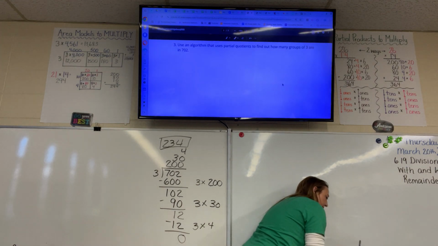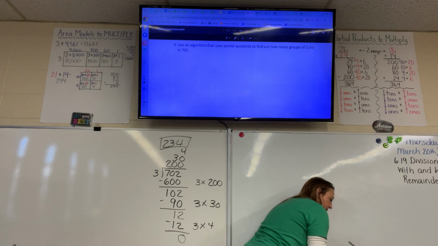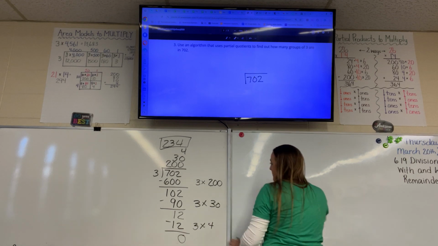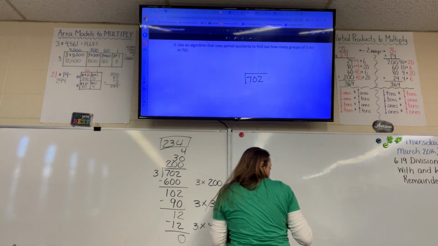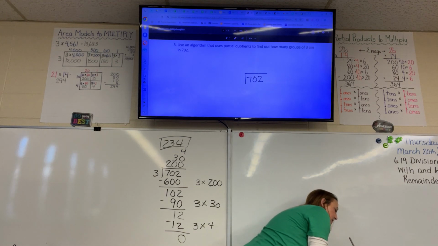When you're doing a partial quotient method in your workbook, you want to start in the middle of the page because you're going to be moving down, but also moving up at the same time. 702 divided by 3, we started by taking away 600.